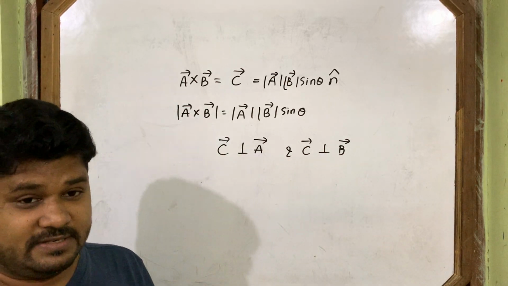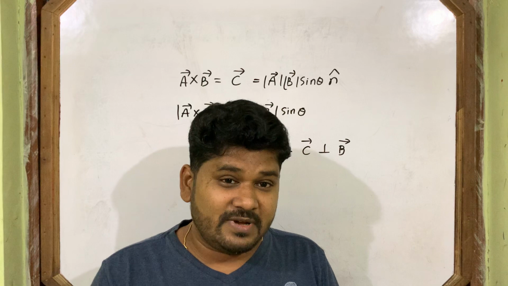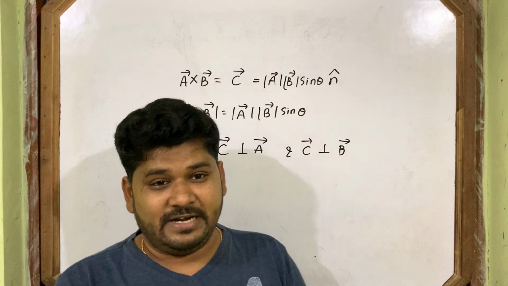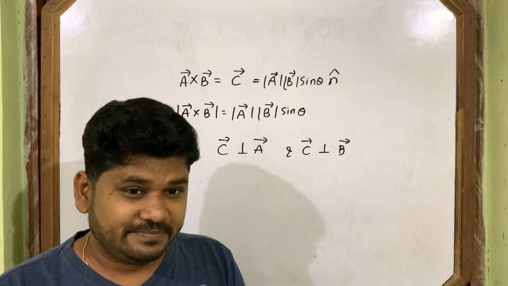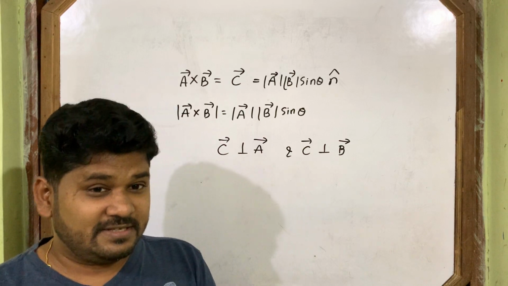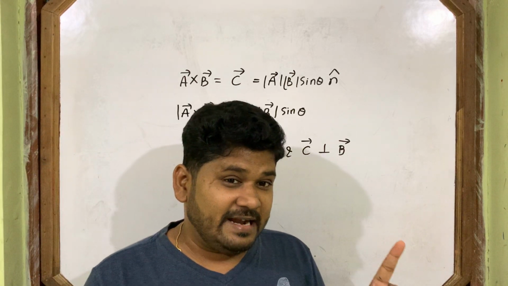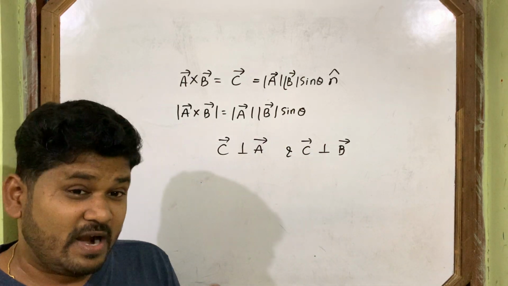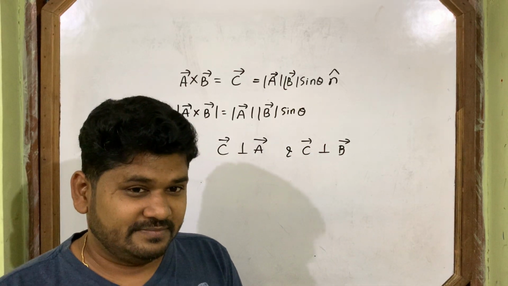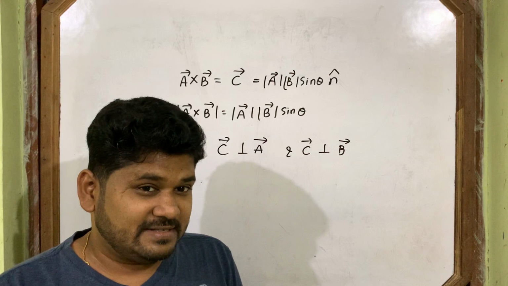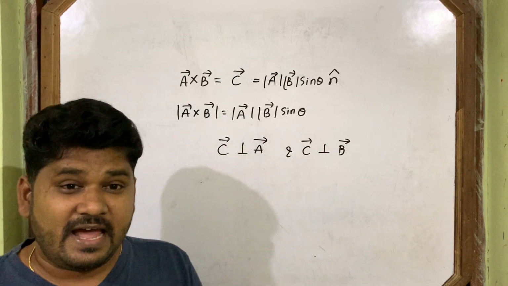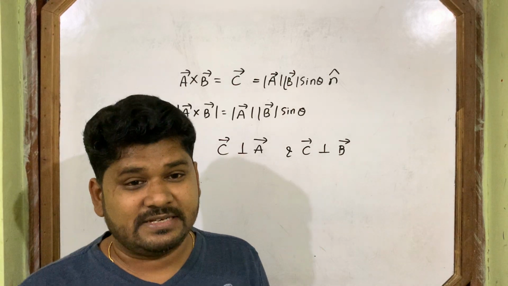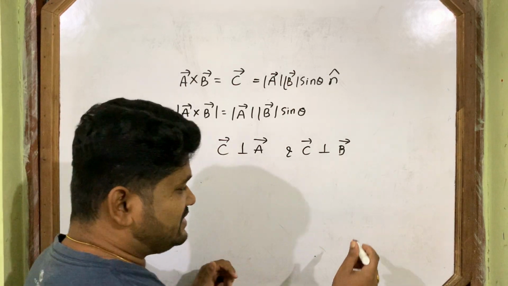to B vector. But compare this with the addition of vectors, so that also you can remember easily. What comparison? When two vectors are added, what result do we get? That lies in the same plane of the vectors.